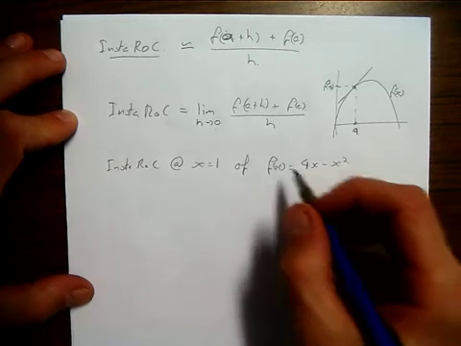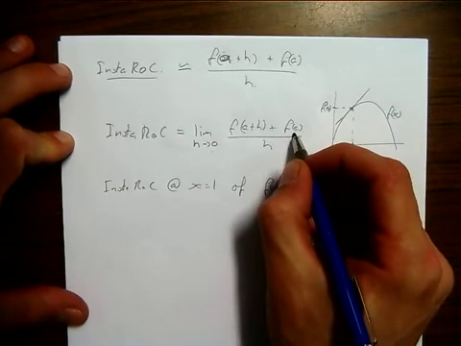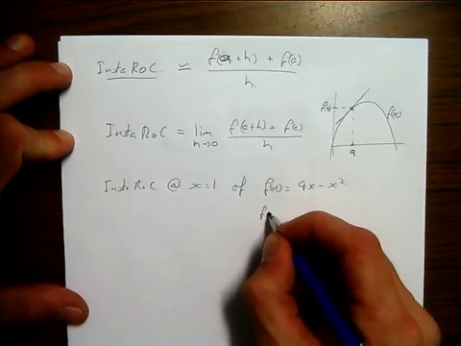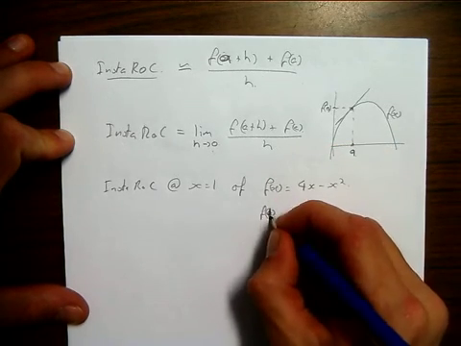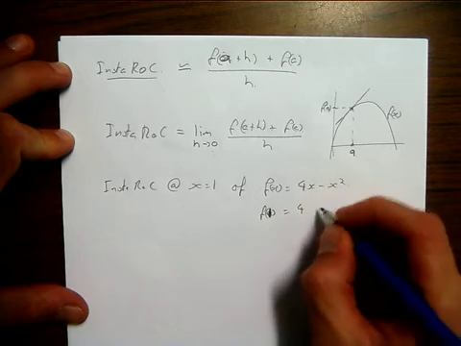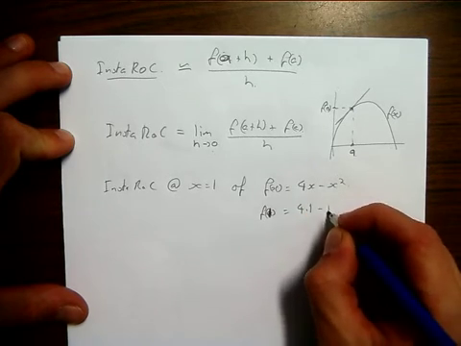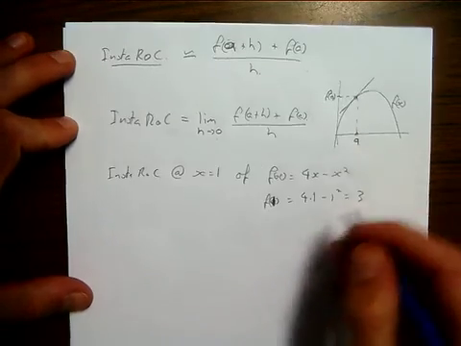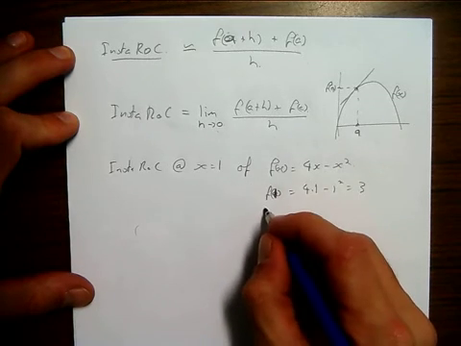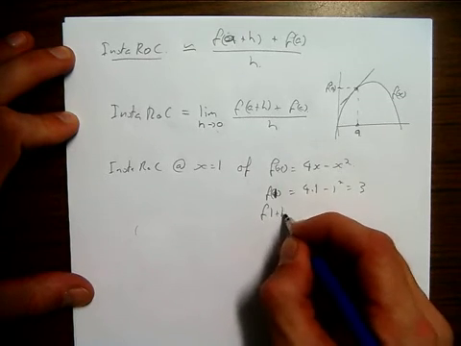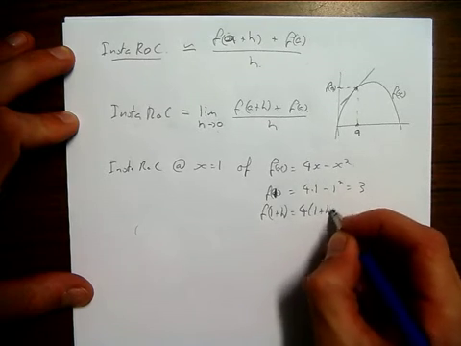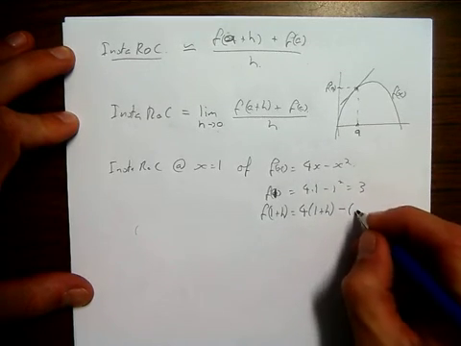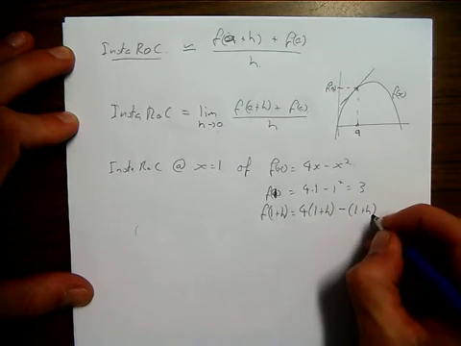Now I need f of a, and a is 1, so f of 1 is 4 times 1 take 1 squared, which is 3. f of 1 plus h will be 4 times 1 plus h take 1 plus h squared.